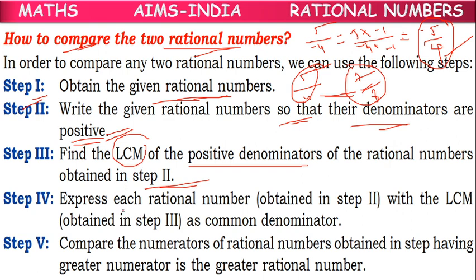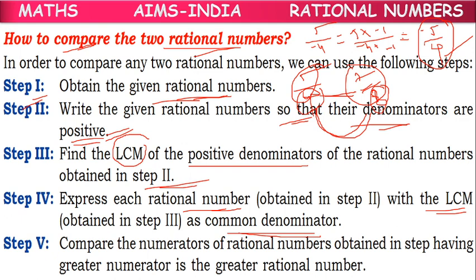Now express each rational number with the LCM as common denominator. Here we have denominator 4, here we have denominator 8. We have to change them to their LCM.